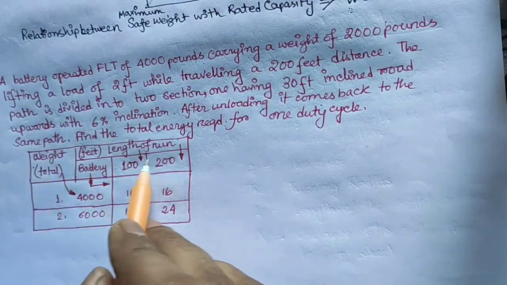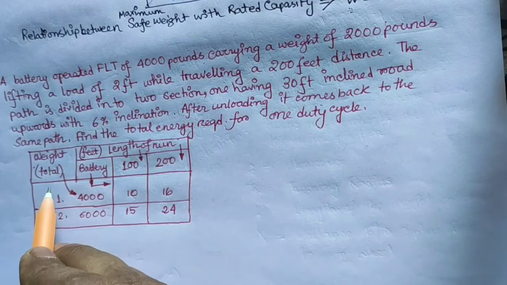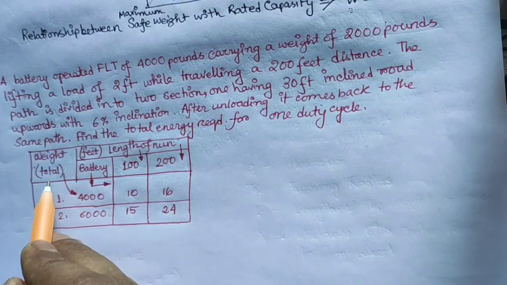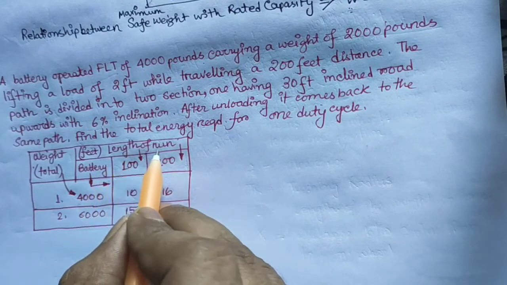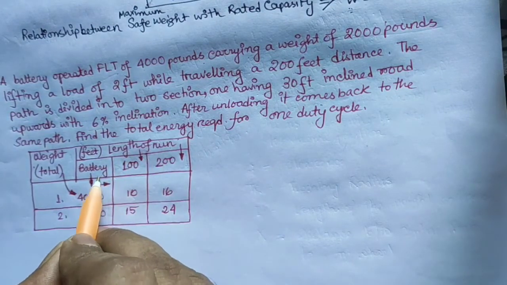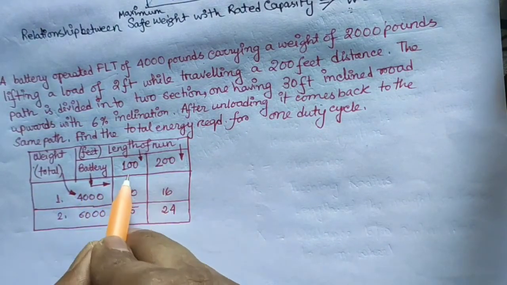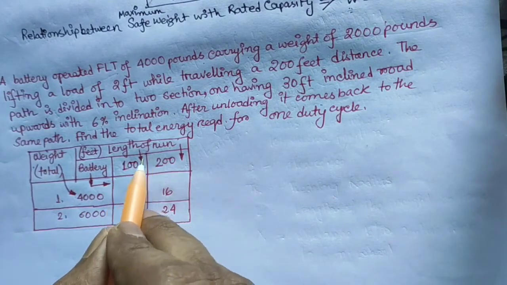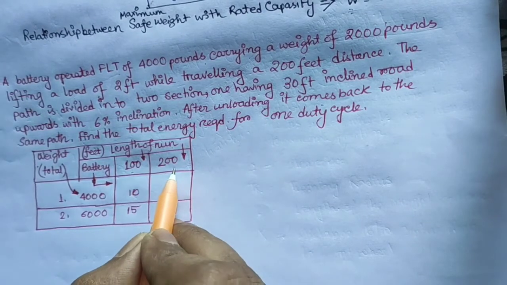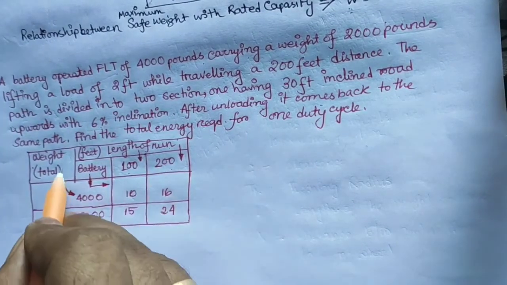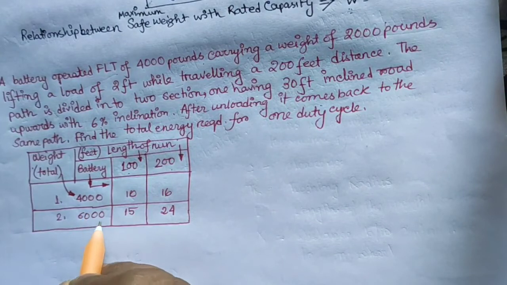Now there is a table given where you can see weight. Total weight means the load of the truck and the load of the material included. Feet means length of the run, and battery rating is given, and the length of the run is given like 100 feet and 200 feet. Total weight is given as 4000 and 6000.